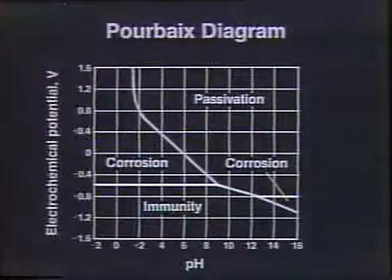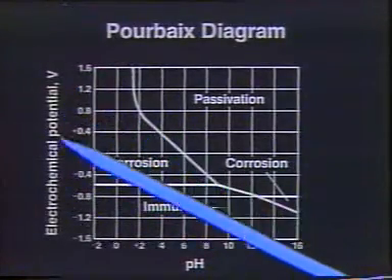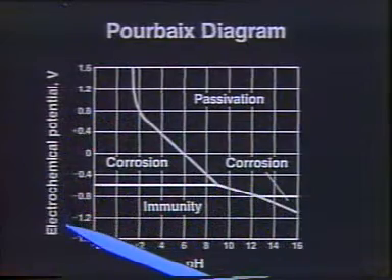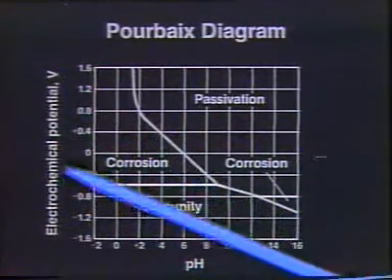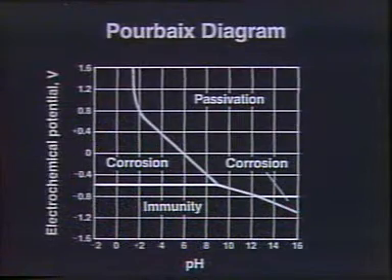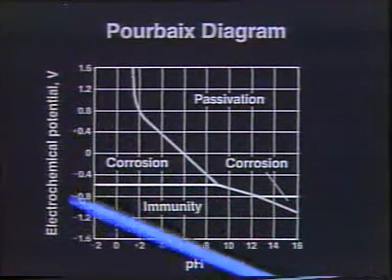And in this particular slide we see that we have a plot of the electrochemical potential, that is the voltage that we're going to impose on a material, and this voltage is going to be either a positive or a negative voltage relative to the material.